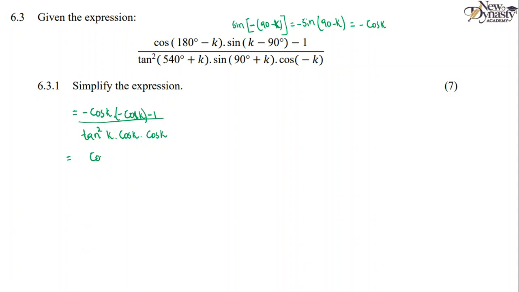So we're going to have cos squared k minus 1.